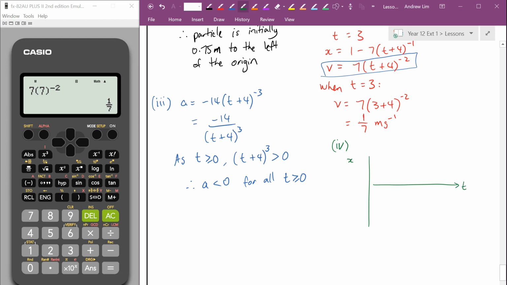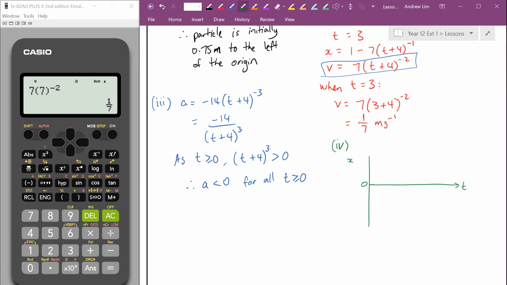Because this is displacement, this 0 here means that this is the origin. So if it's down here, it's to the left of the origin. If it's up here, it's to the right of the origin. If it's over here, it is at the origin, at whatever t is equal to. So if that's t equals 7 seconds, then that's that. That's just to help you get an idea of that.